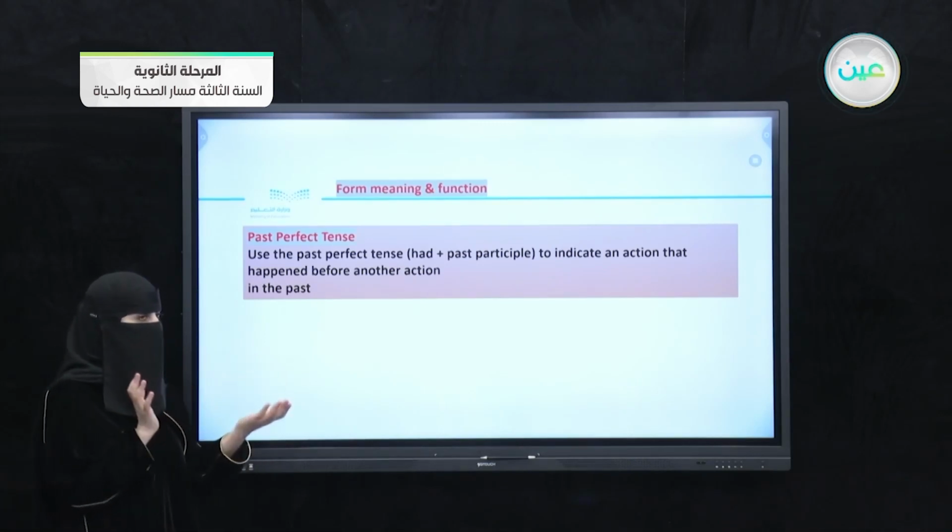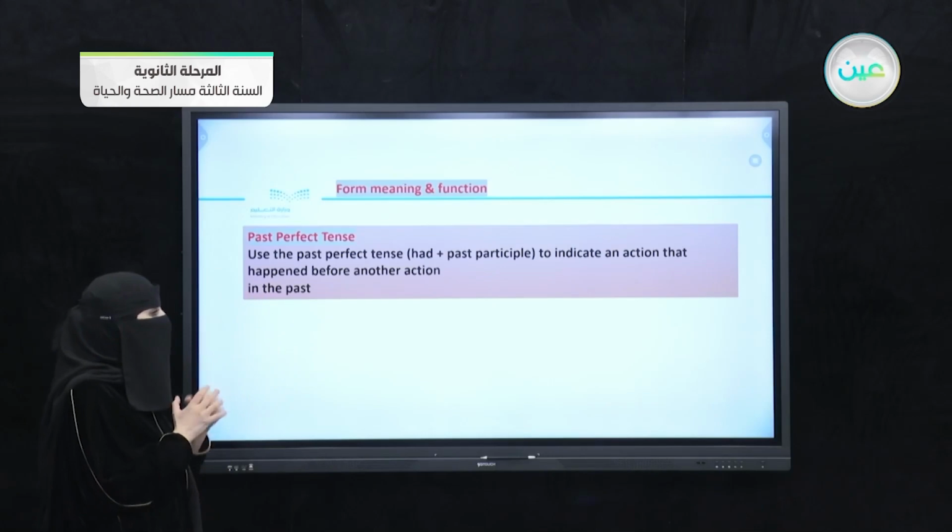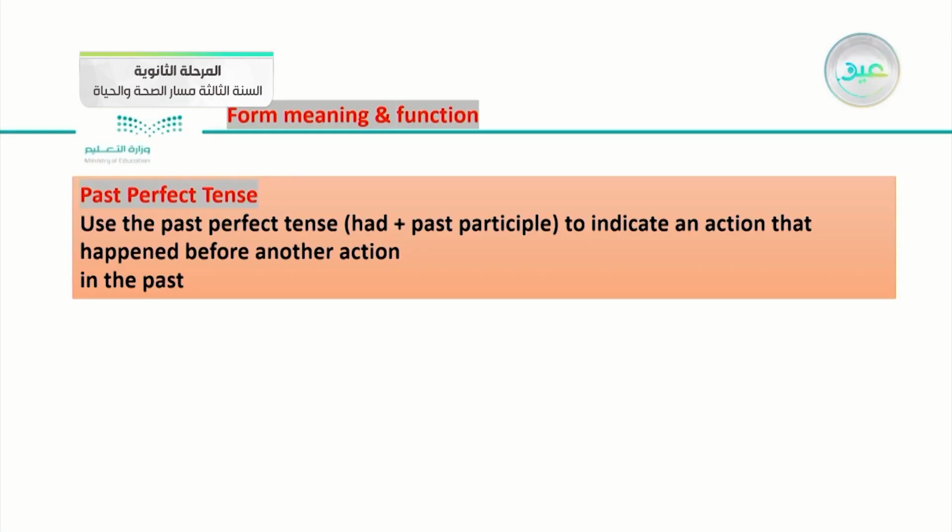In which time are these two actions? In the past. So both actions happen in the past, and to indicate the earlier action, we should apply the past perfect tense with two parts.